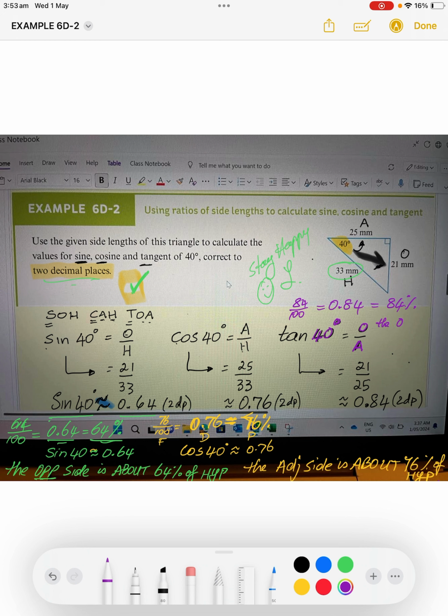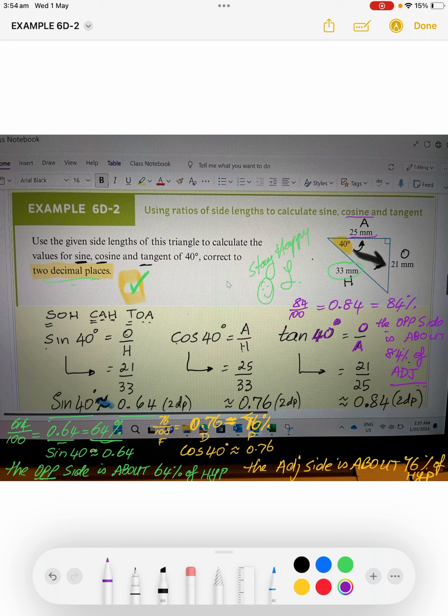It means the opposite side is about 84% the length of the adjacent side, opposite over adjacent. And if you do your calculation, the adjacent side is 25.